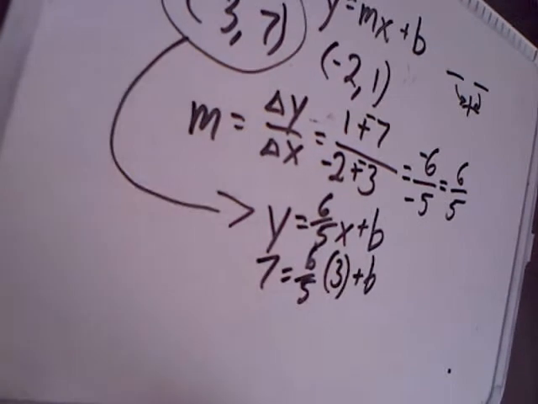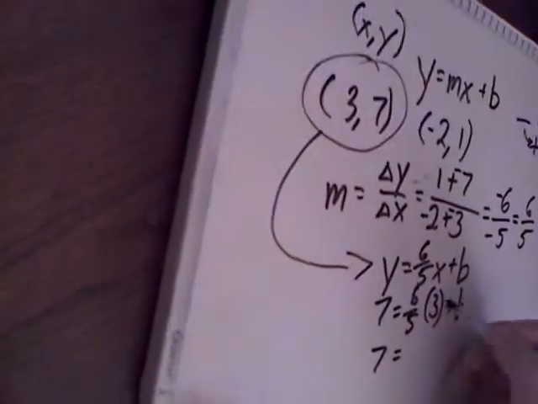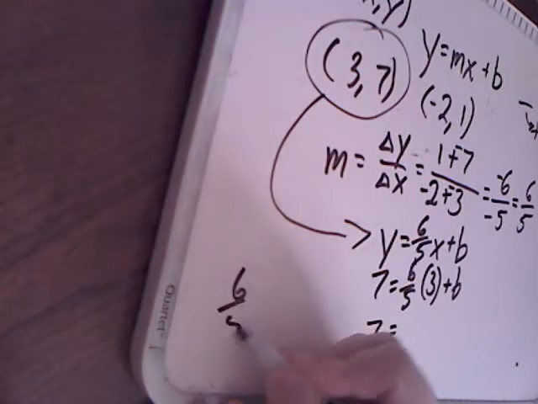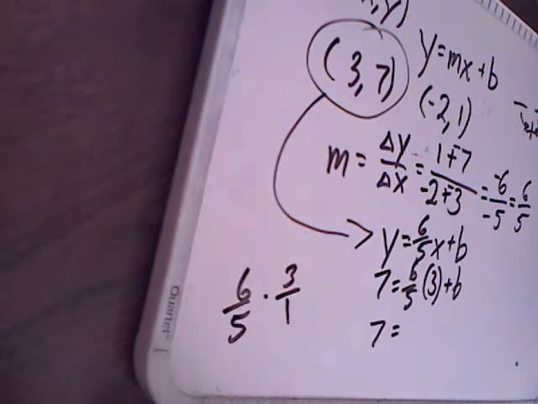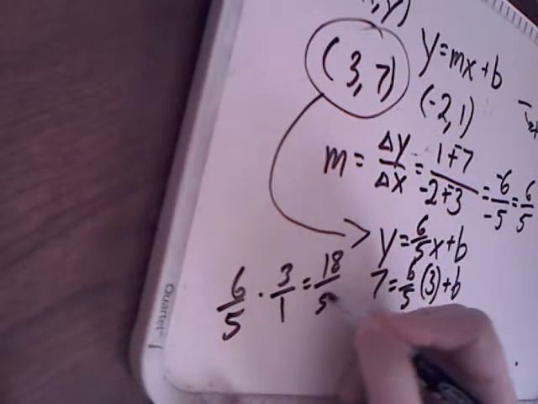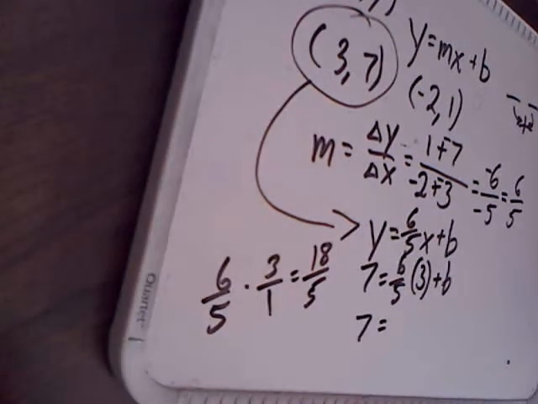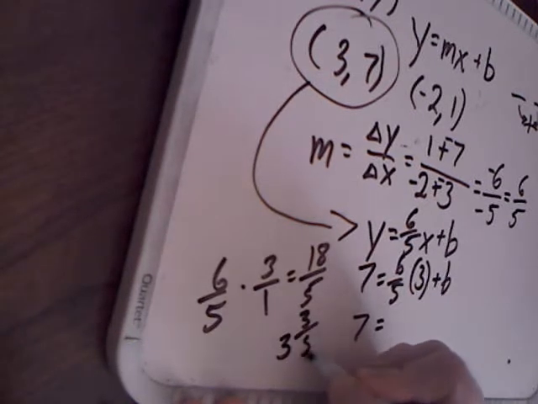Now I get to simplify my equation a little bit. 6 over 5 times 3: this 3 will become 3 over 1 because it's a whole number, so 6 times 3 will be 18 over 5, and 18 over 5 is going to simplify to 3 3/5.